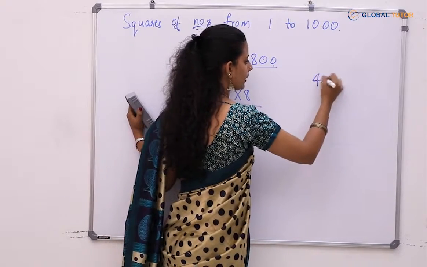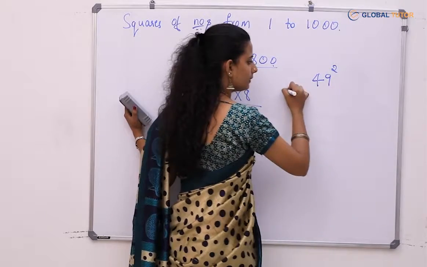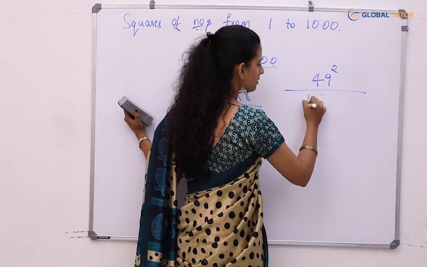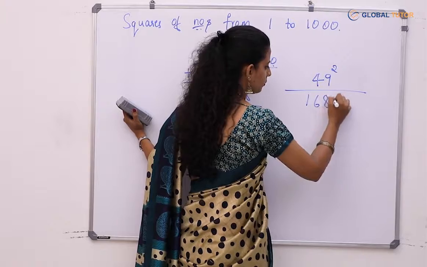What is 49 square? We learnt it in our previous part. 4 4s are 16, 9 9s are 81.